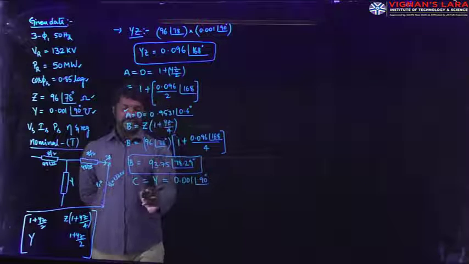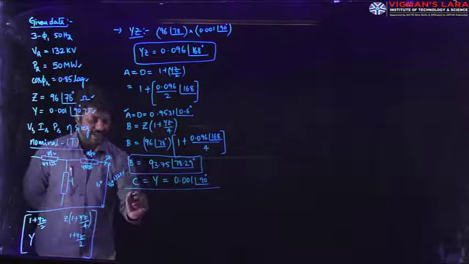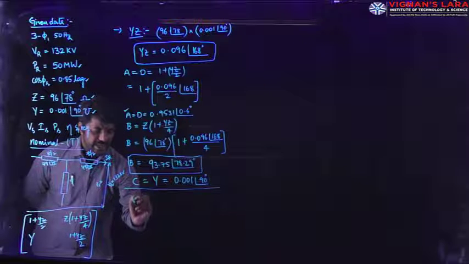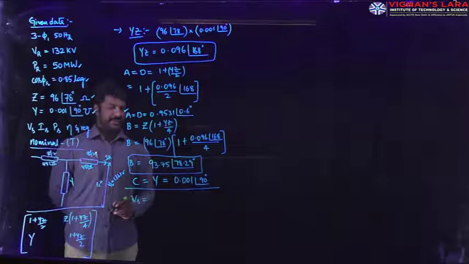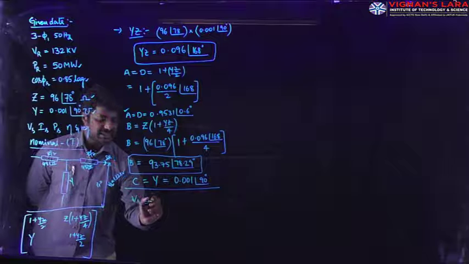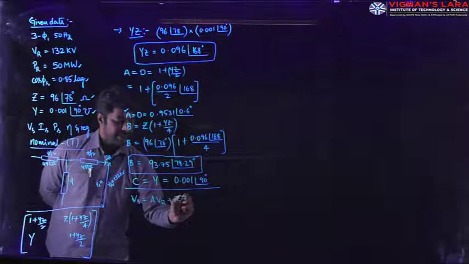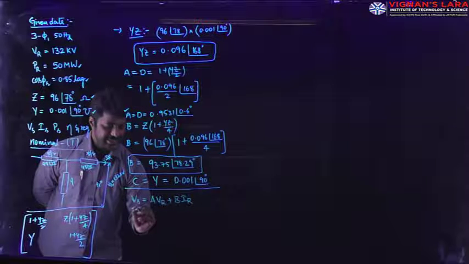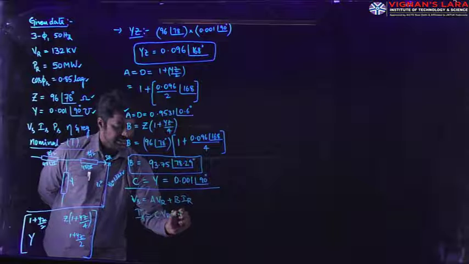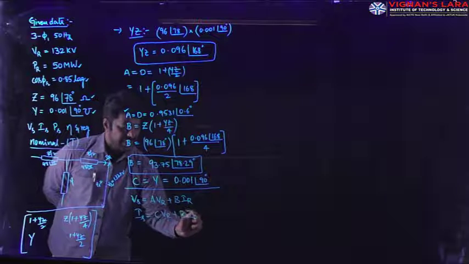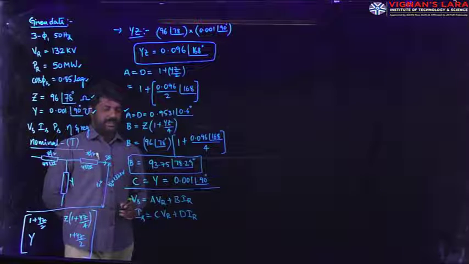These A, B, C, D values are used now for estimation of the sending end side quantities called Vs and Is with its performance equations. What are the performance equations? Vs is equal to AVR plus BIR and Is is equal to CVR plus DIR, where VR and IR are independent quantities, which can be calculated separately.